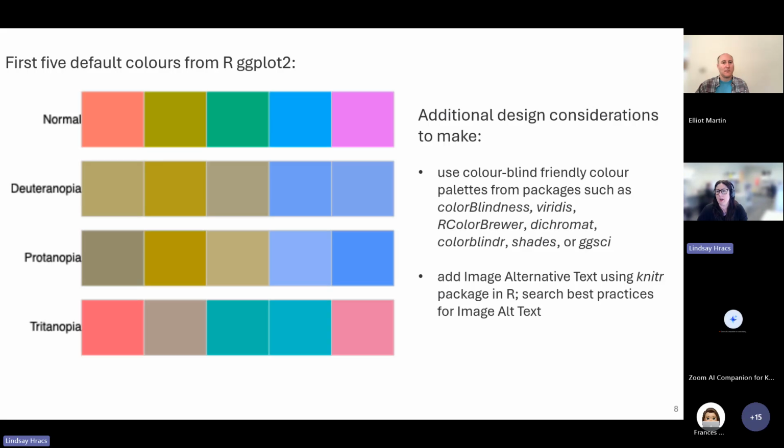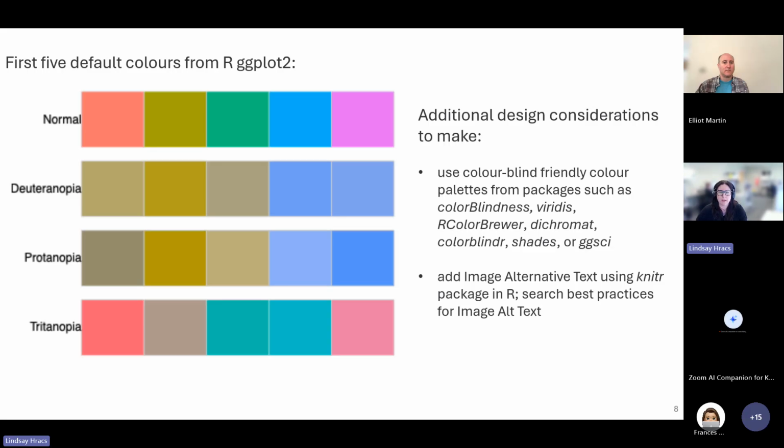But we do see with the 3 most common types of color blindness, we don't actually get the same distinctions that we get when those 5 colors are presented as their default. I like to think about it this way: in a room full of 50 people, there's likely 2 or 3 people who can't distinguish between these 5 colors here.